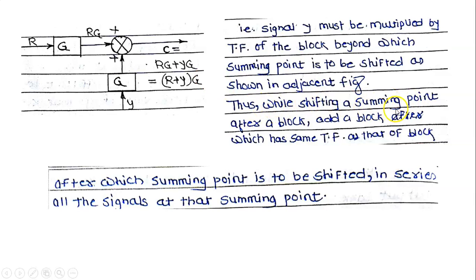Thus while shifting a summing point after block, add a block which has same transfer function as that of block, after which summing point is to be shifted in series with all the signals at that summing point. This is the rule number 5.